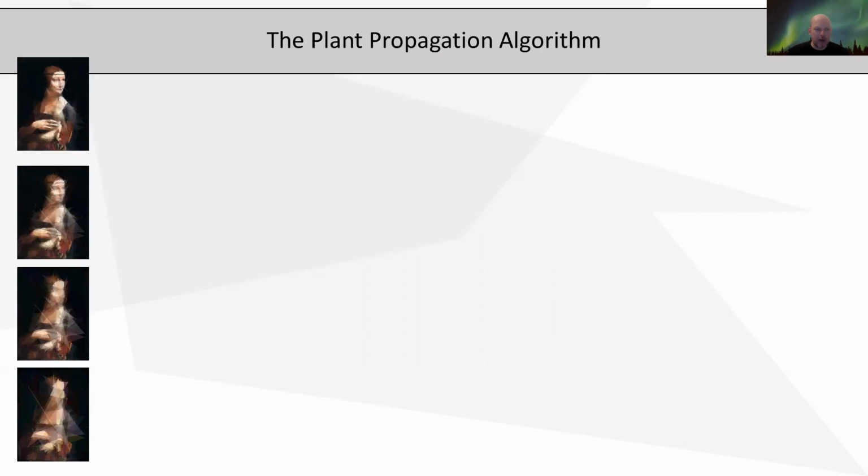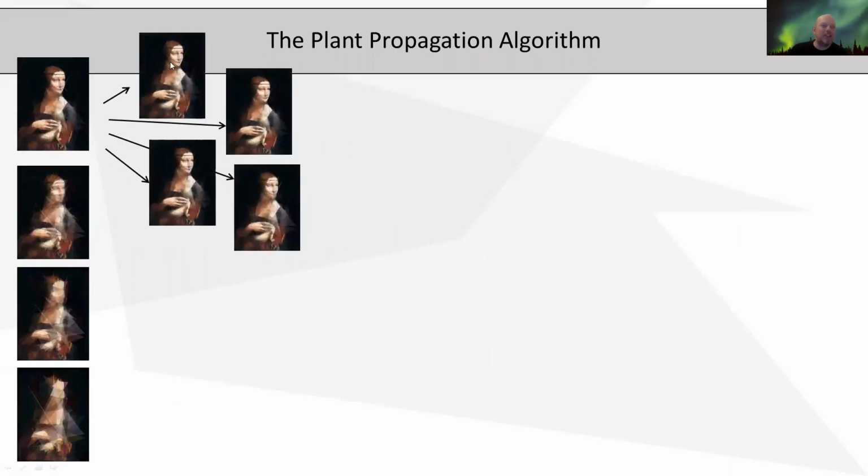So here we have a population of a relatively good approximation, somewhat worse, still worse, and terrible. Well, not terrible, but definitely bad. And what the best individual does is it makes a lot of new offspring, all with very, very small mutations. Some are slightly better than this one, some are slightly worse.